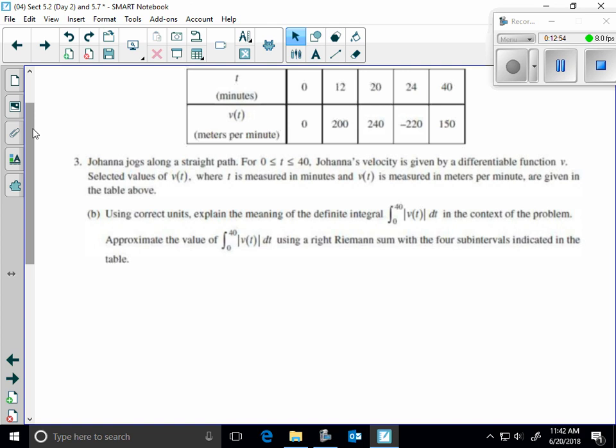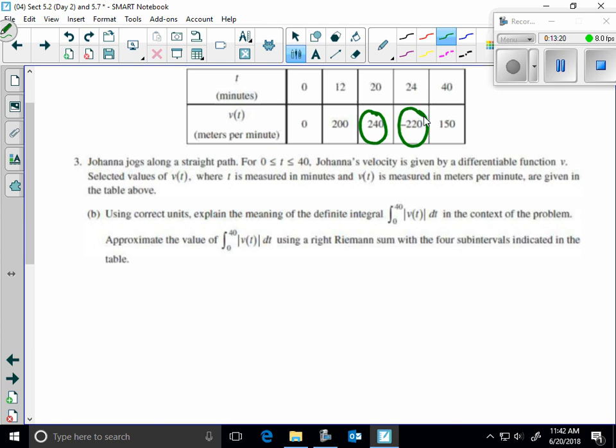Okay, so first of all, let's analyze this table for a moment. So a negative 220 just means that she's traveling in the opposite direction that she started. All right, so she starts off jogging, let's say, to the east for somewhere up to potentially 24 minutes.